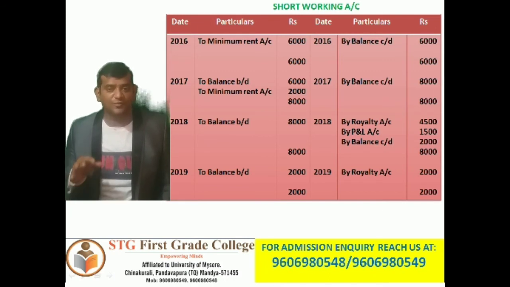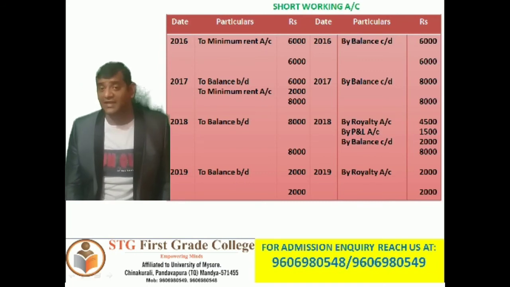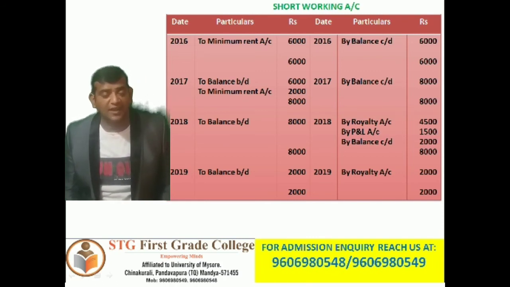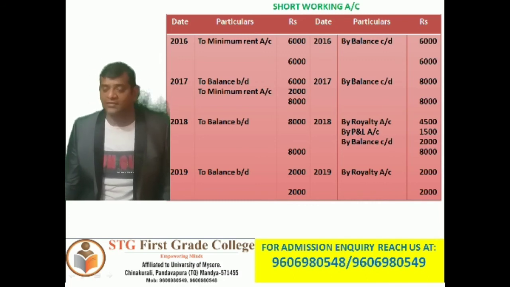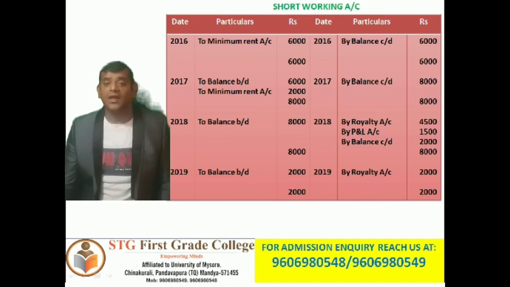So here you have to be very clear. Wherever we could recover, that we have transferred to the royalty account. For example, in the year 2018 credit side, look at by royalty account 4,500 rupees. That has been recovered out of 6,000 of the first year. By P&L account 1,500, which we could not recover.